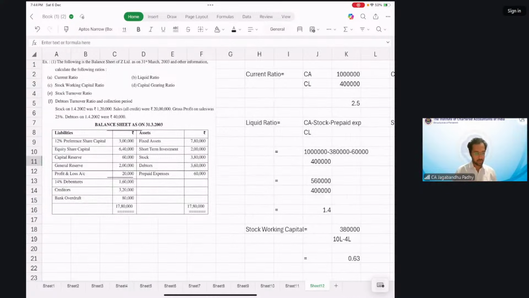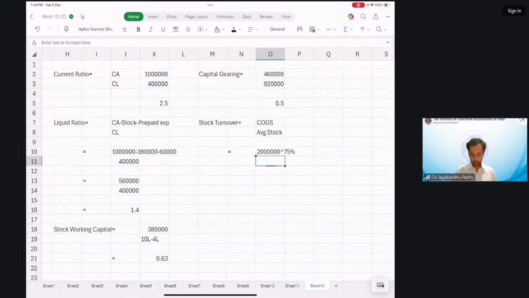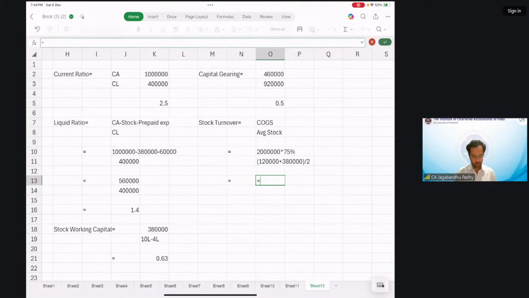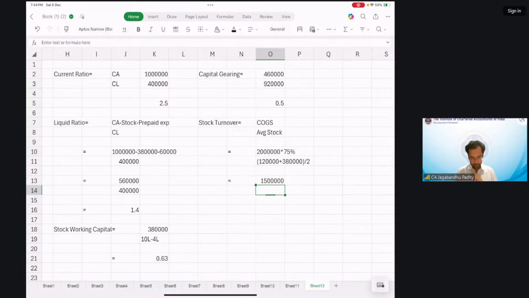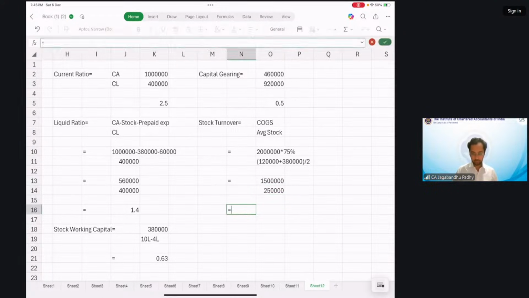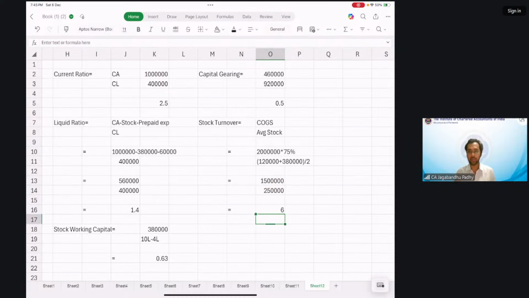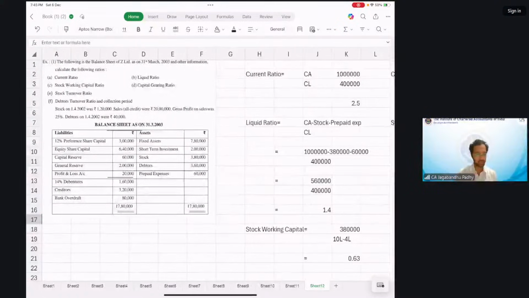Average stock is basically opening and closing average. So 1,20,000 is the opening, closing is 3,80,000, so 1,20,000 plus 3,80,000 divided by 2. So we have the stock turnover as 15,00,000 divided by 2,50,000, which is 6 times. Stock turnover is 6 times.